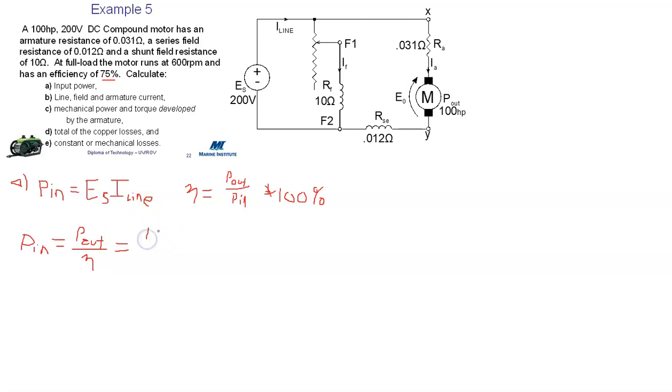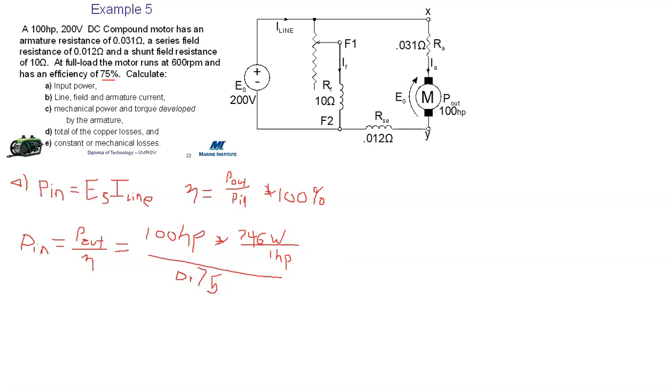And we have 100 horsepower, which of course we have to put in watts for electrical calculations. So times 746 watts, and you have to know that number, over 1 horsepower, and we're going to divide that by the efficiency as a decimal, 0.75.